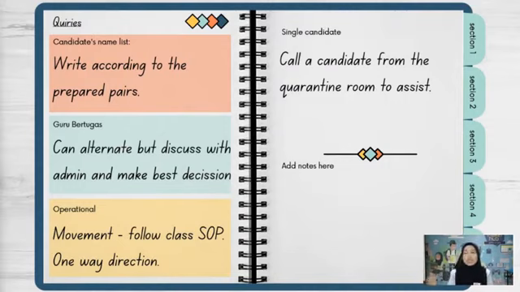Let's say the exam room has only one door. Fine, you can ask them to go out the same door, but make sure the candidate who has completed does not bump into the candidate who has not done it yet. Once they are in the bilik quarantine, the next student can come in.